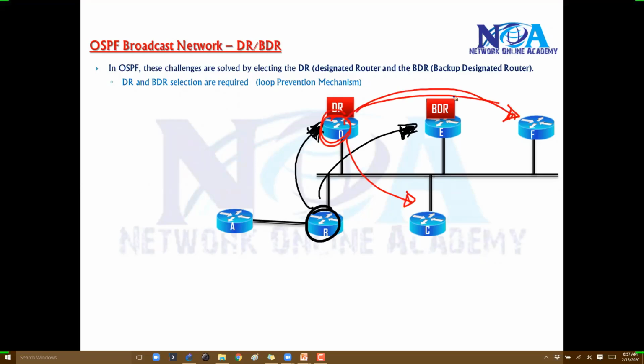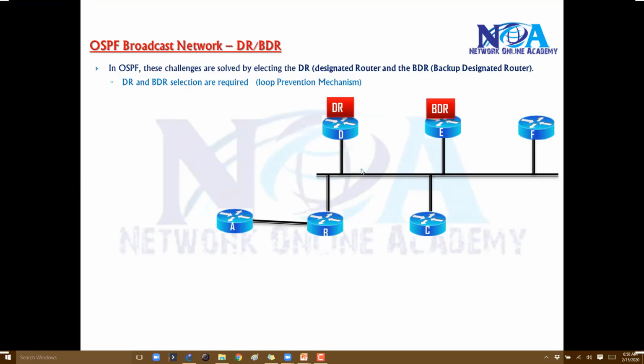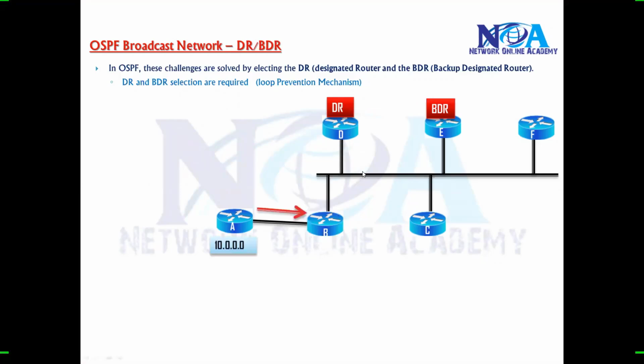Again, the BDR will not do anything. The BDR is just an idle device. Whenever the DR goes down, it will take up the role of the DR. So when a router receives any update, it passes this information to the DR and the BDR, and the DR takes the responsibility to pass it on to the remaining routers.